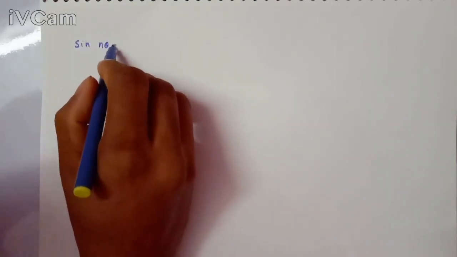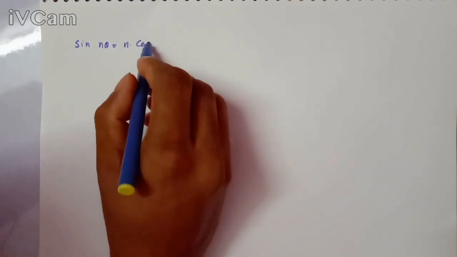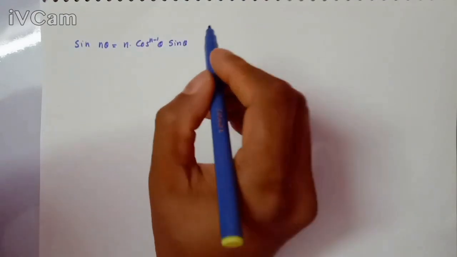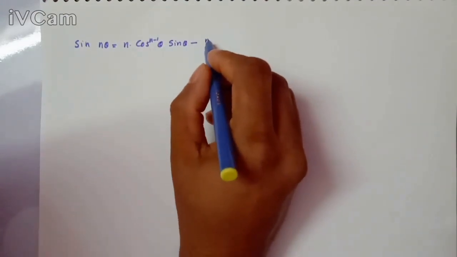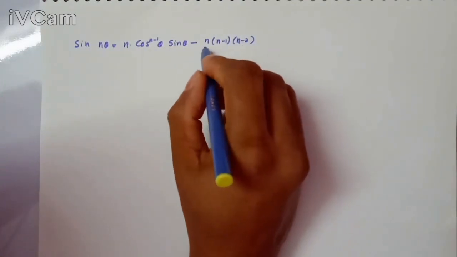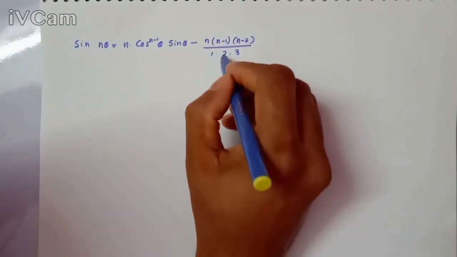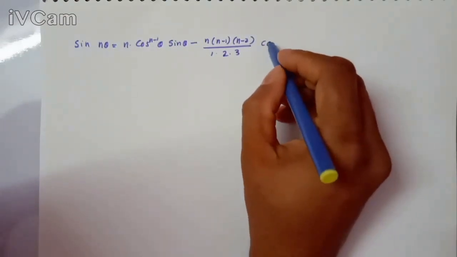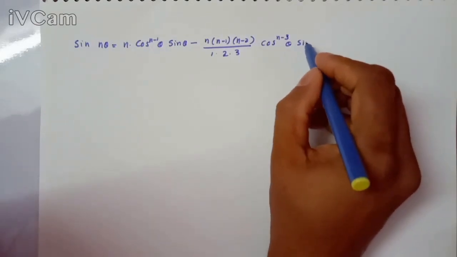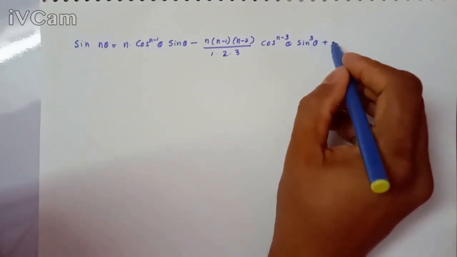So for the sine, we already proved that sine n theta equals n times cos raised to n minus 1 theta sine theta minus n times n minus 1 times n minus 2 divided by 1 times 2 times 3 cos raised to n minus 3 theta sine cubed theta plus etc.